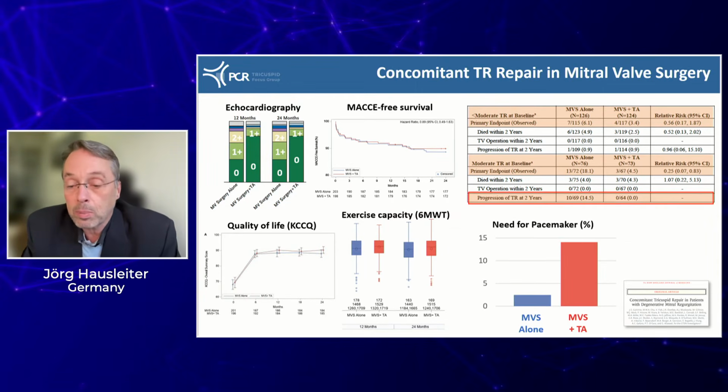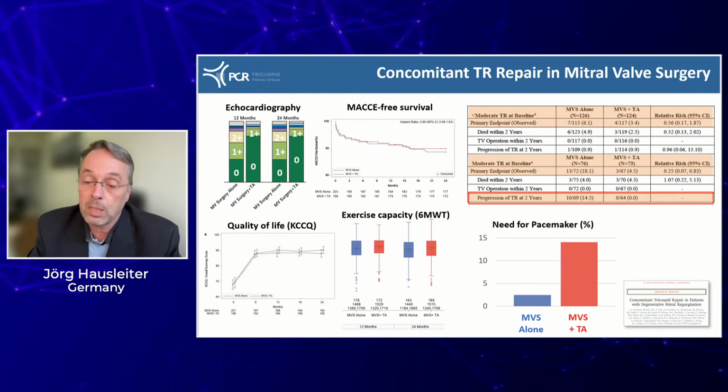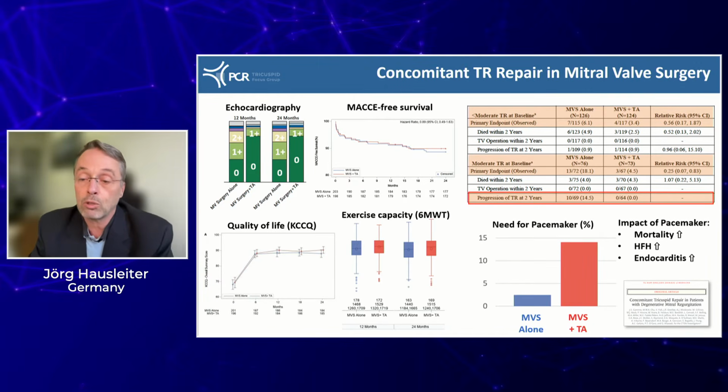The annuloplasty was associated with a 5-fold increase in the need for pacemakers. And we do know that the need for additional pacemakers is also associated with a long-term impact in terms of higher mortality, usually like a 2-fold increase in mortality, a higher risk for heart failure hospitalizations, and also a higher risk for endocarditis.